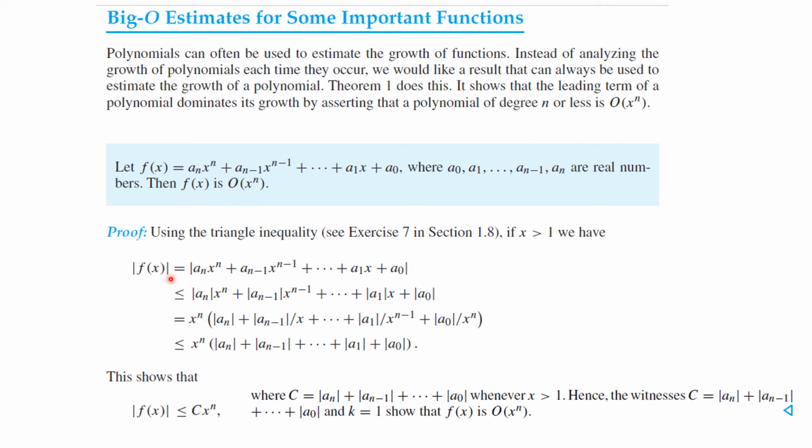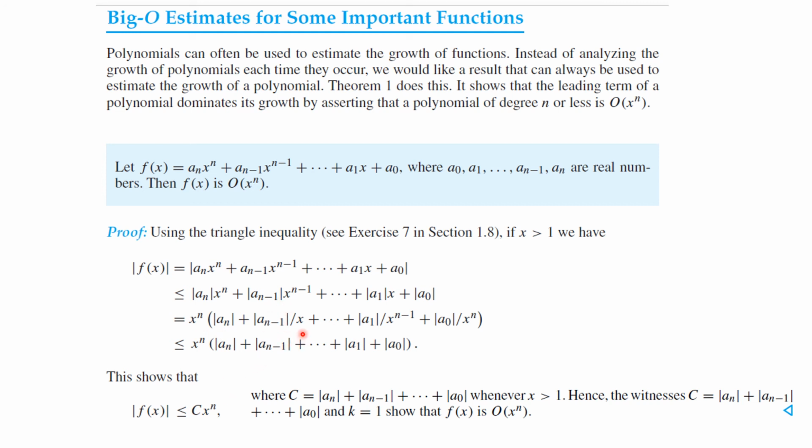We can say that the absolute value of f of x is equal to the absolute value of the polynomial, and this is less than or equal to the sum of the absolute values of each individual term. Since we're taking x to be bigger than 1, when I raise x to a power, it is bigger than x to the lower powers. So I can factor out the x to the n and get x to the n times all of these coefficients.